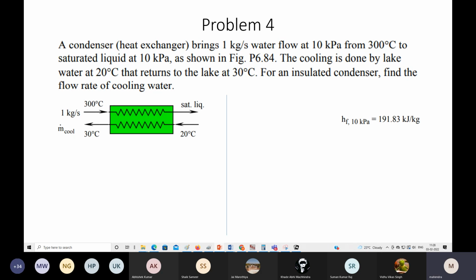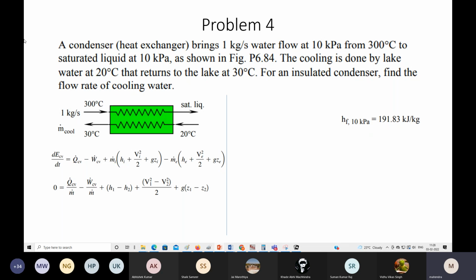So this is simply: no work is involved, and we are considering this a steady state process. Yes, this is your energy equation over here. Since it is a steady state process, this term is 0. Then we have our equation like this. Then we ignore the potential energy terms as well as the kinetic energy terms.